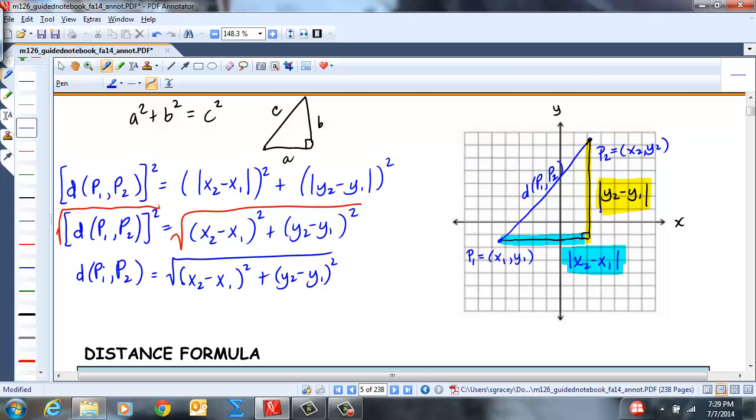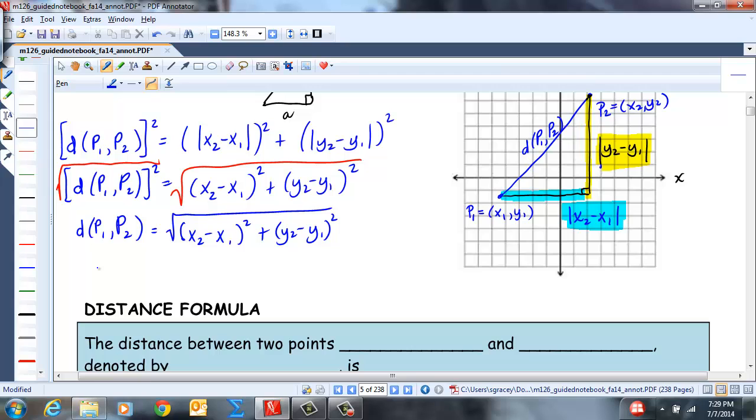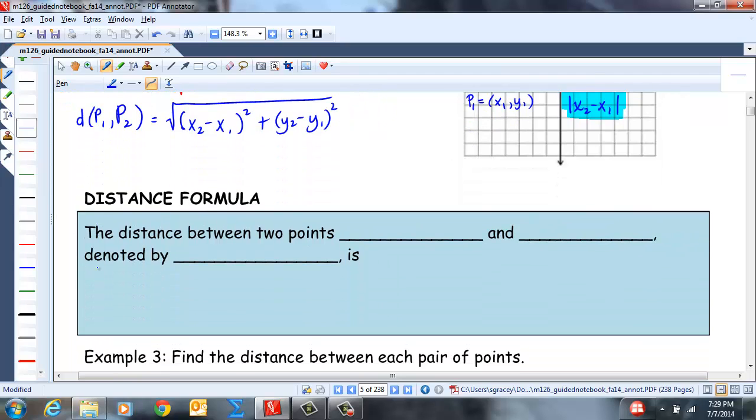That's it. All right, so let's write it down officially. The distance formula, the distance between 2 points, P1 equal to x1, y1, and P2 equal to x2, y2, denoted by the distance between P1 and P2 is what we wrote up here.